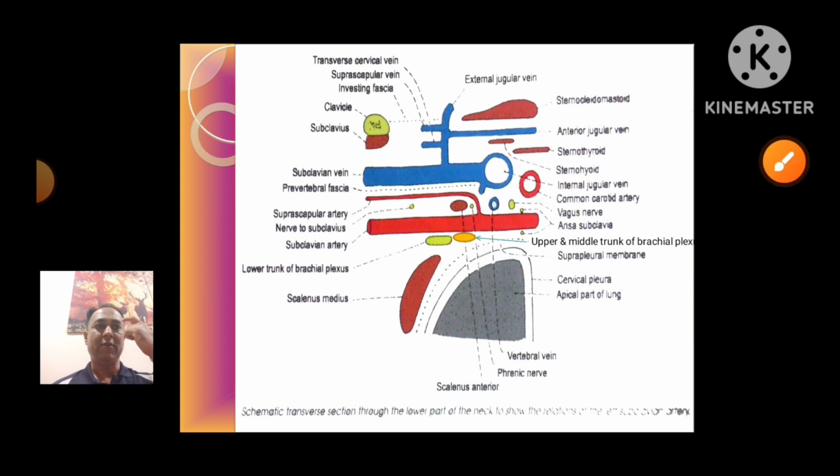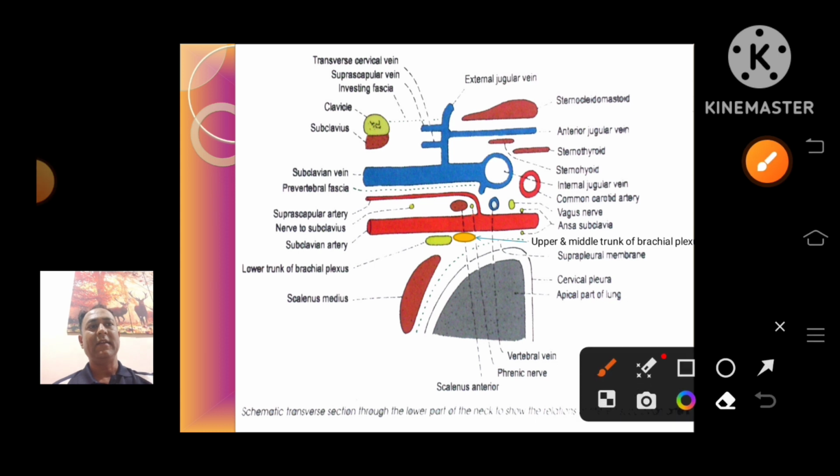Okay, so before the contents, I'll show you the structures situated anteriorly to the first part. Here you can see internal jugular vein, common carotid artery, and vagus nerve. These are the three contents of the carotid sheath, if you remember.